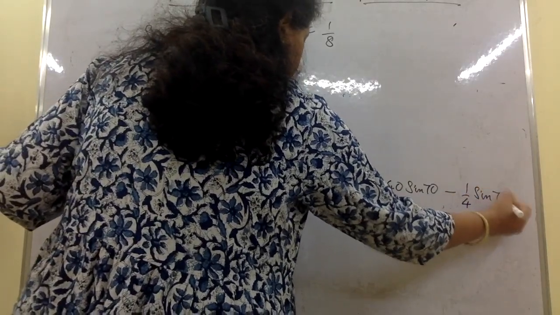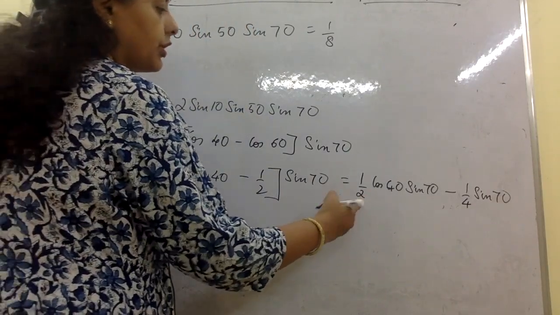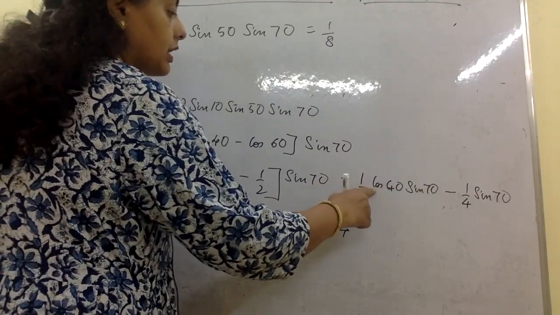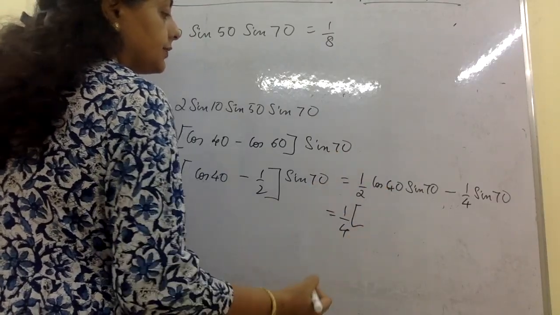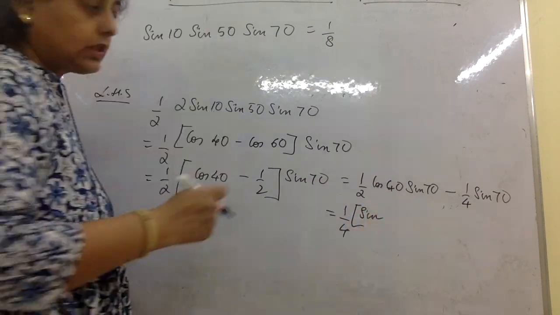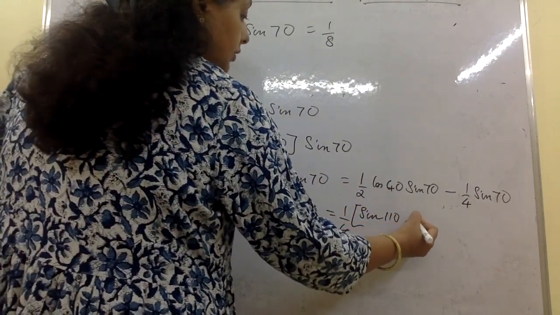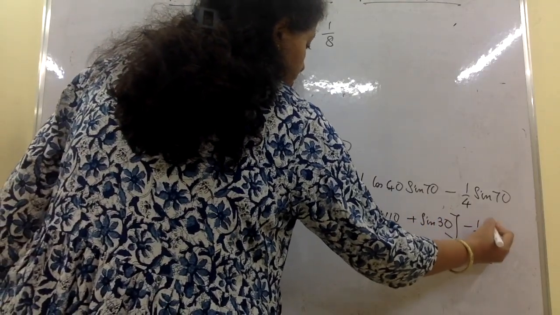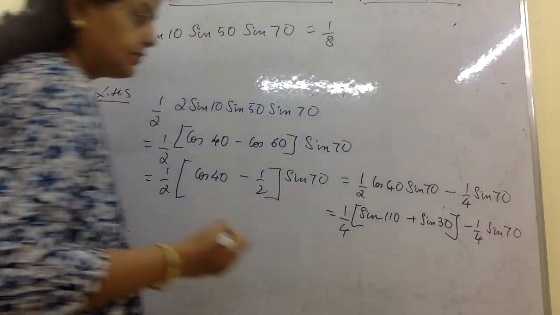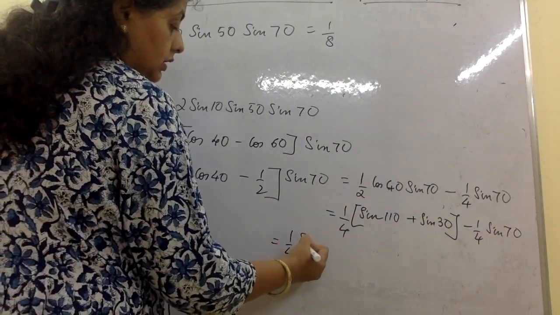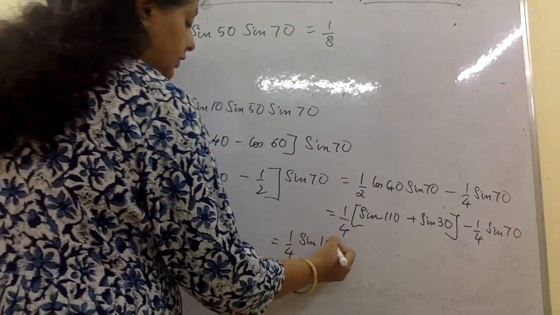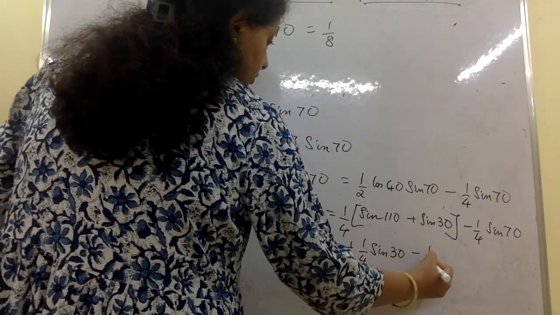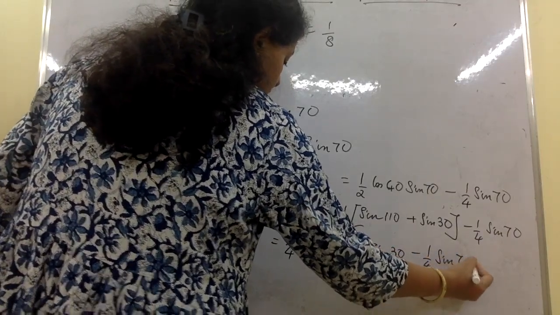Here we are going to use the formula again. So multiply with a 2 and divide by a 2. So when I multiply with a 2, I get sine 110 on adding, plus sine 30, close the bracket, minus 1/4 sine 70, which is 1/4 sine 110 plus 1/4 sine 30 minus 1/4 sine 70.